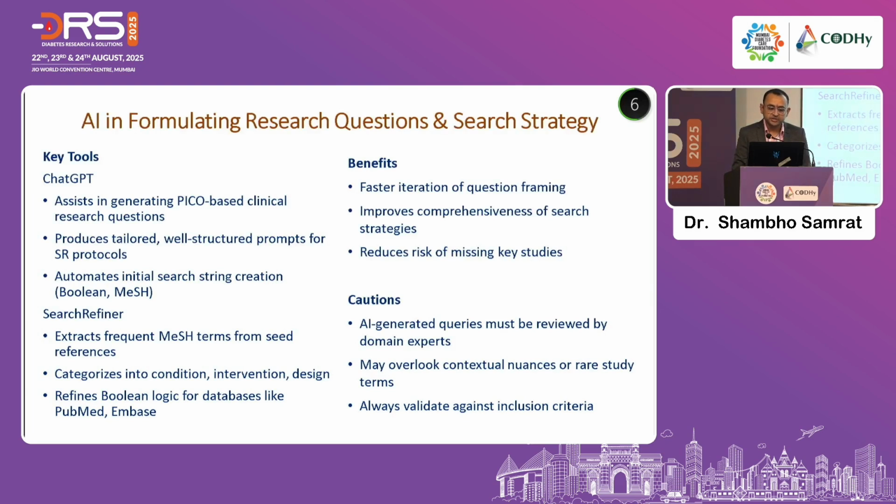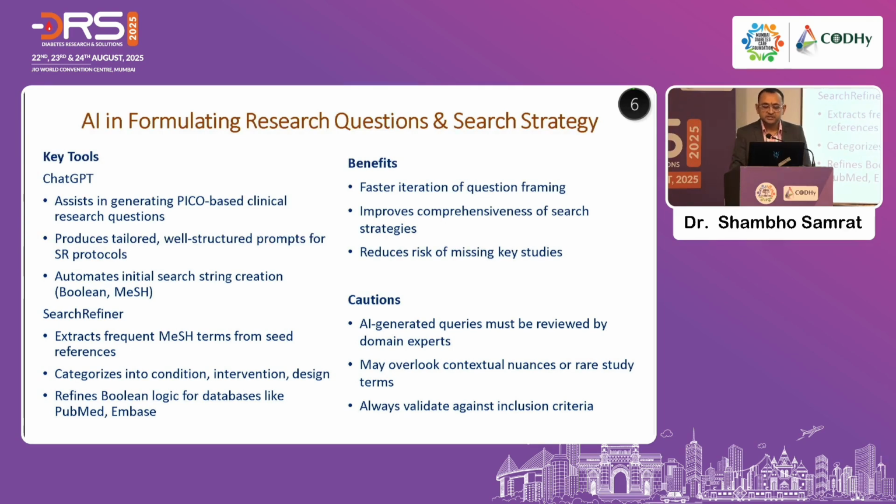So we could use ChatGPT, we could use Search Refiner, because they will also give us the idea of different Boolean or MeSH strings, and they will categorize them into the PICOT format: population, intervention, control and outcome. They will tell us about the design of different available researches, and then we will understand what the effect is.